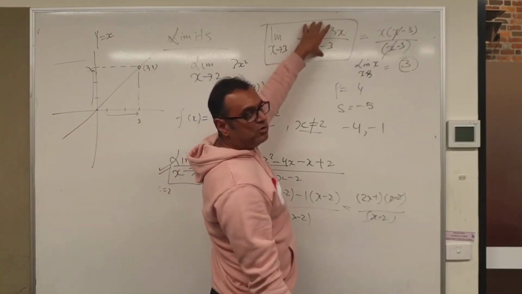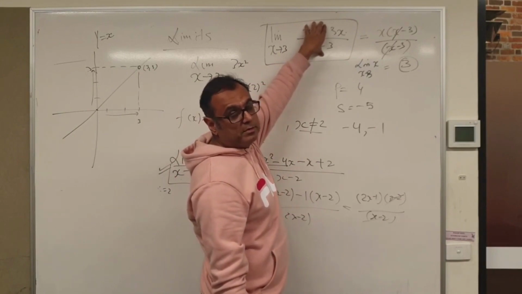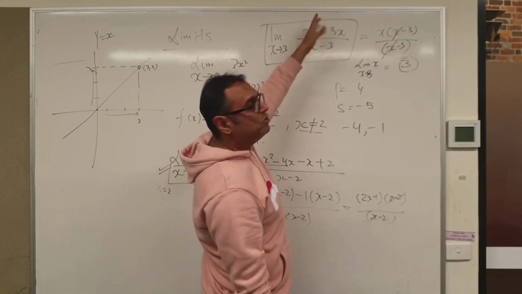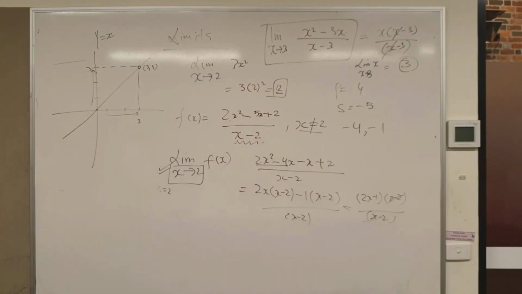Just try this in your CAS to graph it. See what you get. I don't know. Yeah, that's a good question. No one has asked me before. I'm sure you'll get a straight line. I'm pretty sure. You can give it a go if you want to.